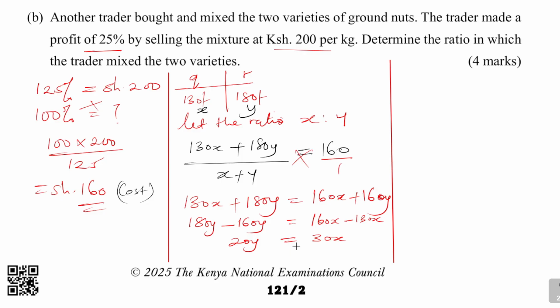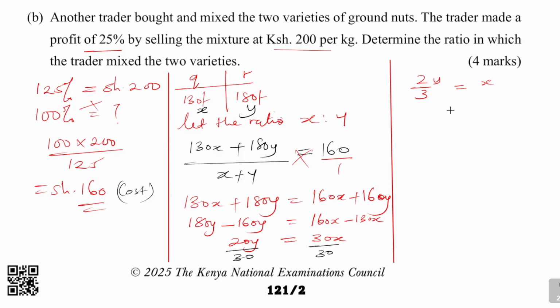Because we want the ratio x is to y, we can divide both sides by 30, and you will get 2 thirds y is equal to x.